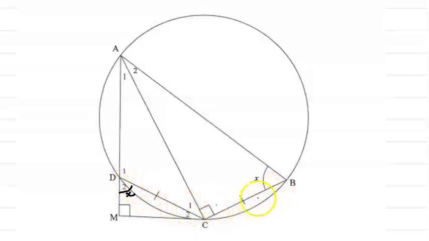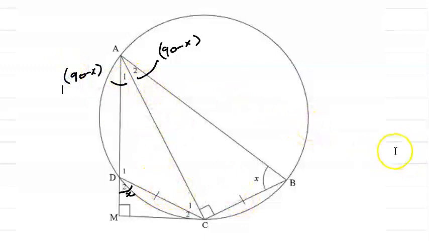And remember, equal chords subtend equal angles at the circumference. Therefore, A2 is going to be 90 minus X, sum of angles of a triangle. Therefore, A1 will also be 90 minus X. Remember, equal chords subtend equal angles at the circumference.